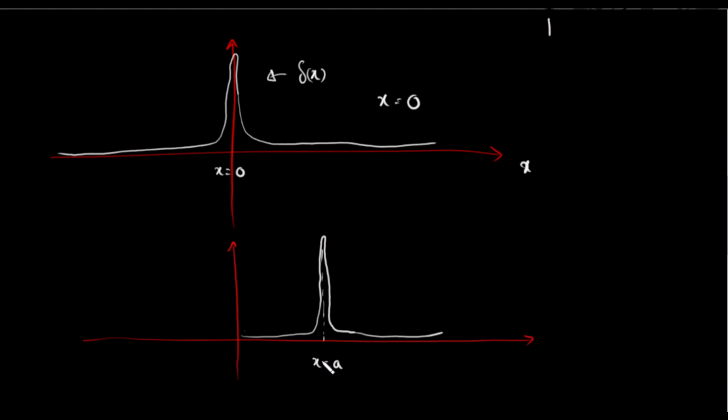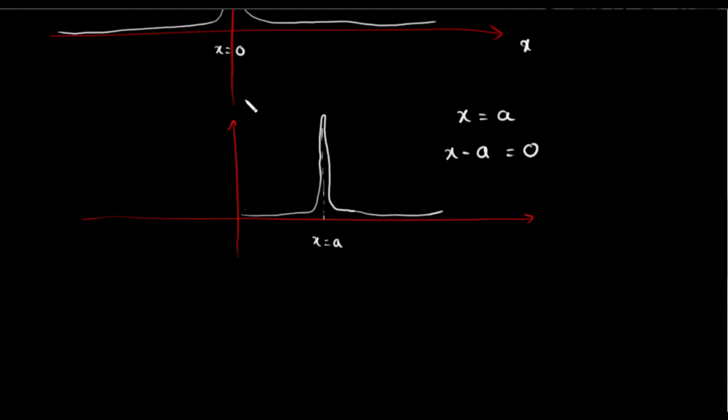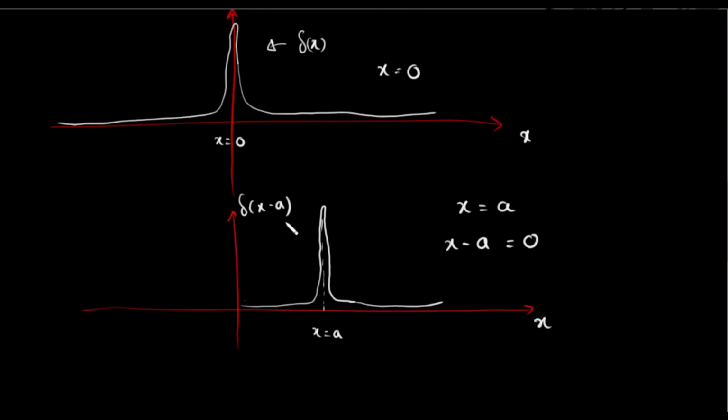So we have the point where x minus a equals 0. My new delta function is going to be delta x minus a, and this x goes from minus infinity to plus infinity. It doesn't matter for x.